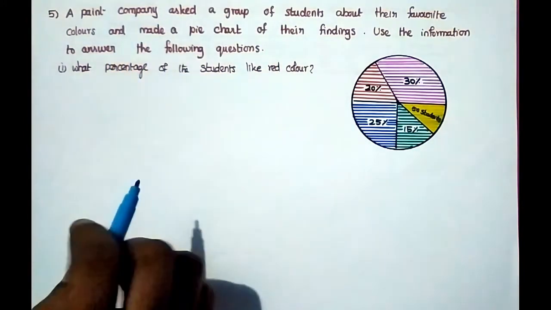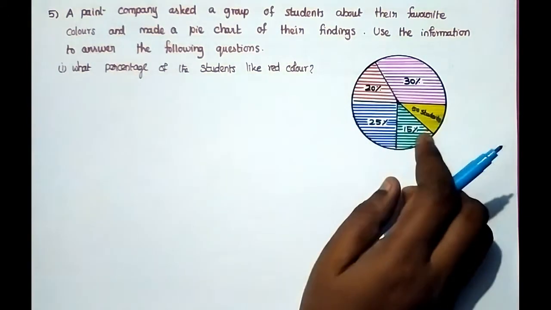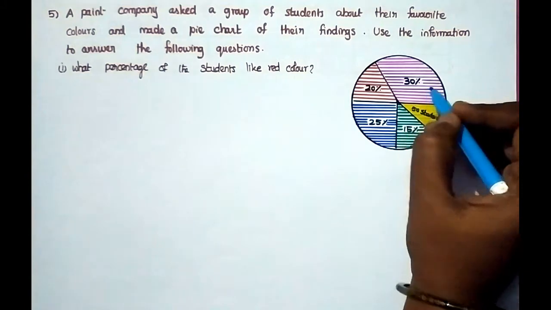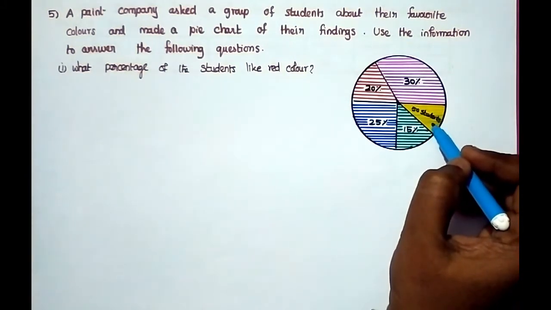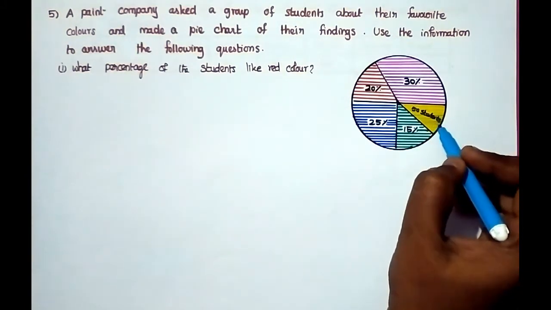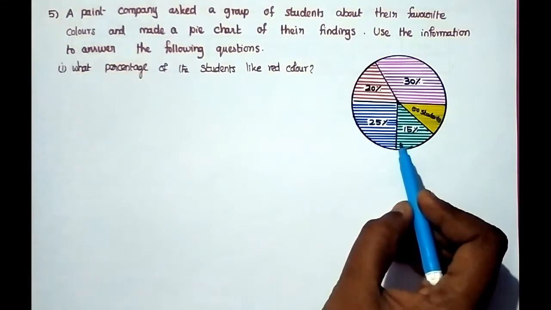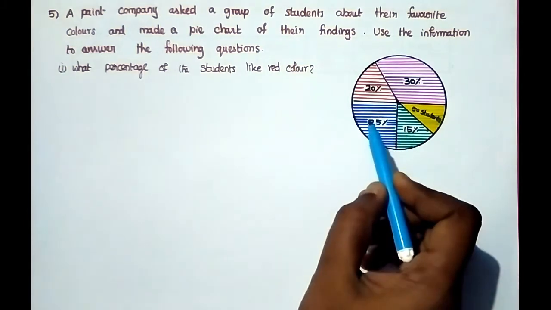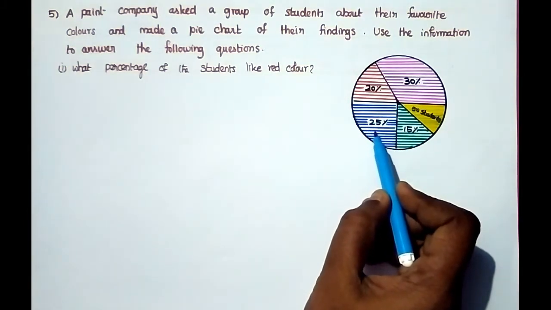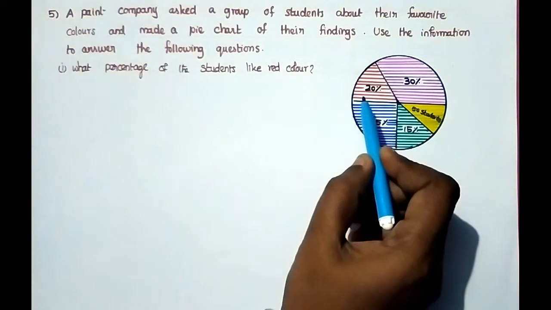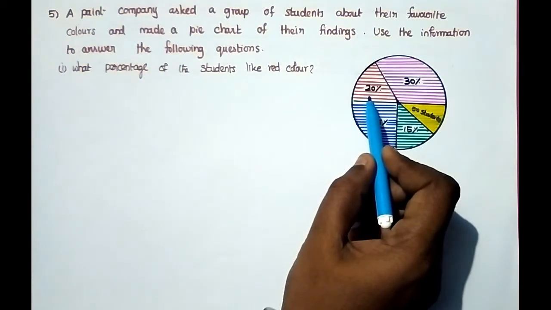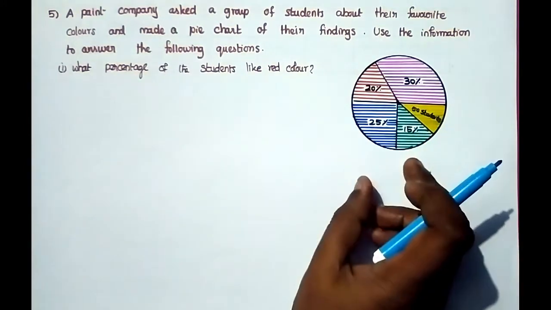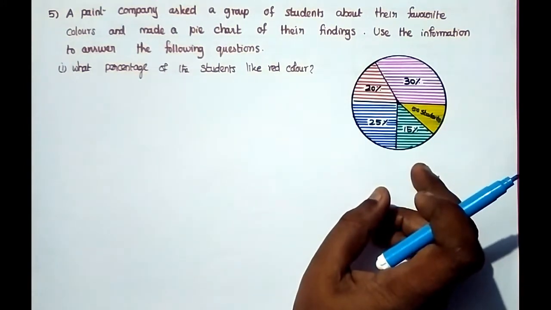Listen, they have given the pie chart: 30% pink, and 50 students, the number of students they gave, that is yellow color, and 15% of students like green, and 25% of students like blue color, and 20% of students like red color. From that we have to find out the total number of students.